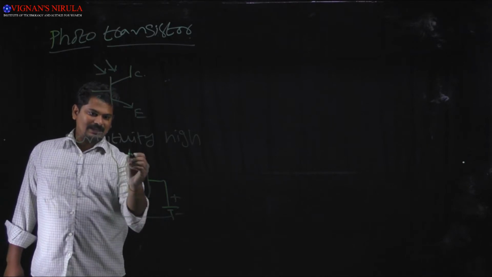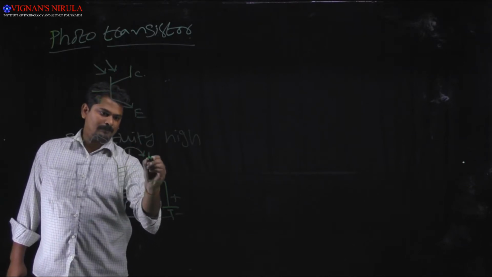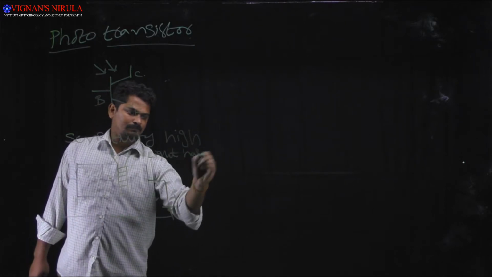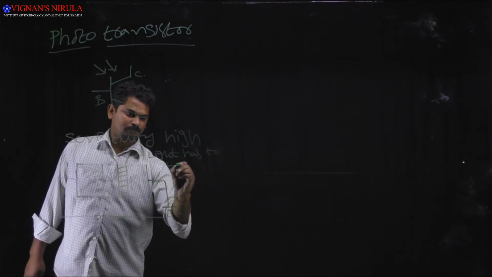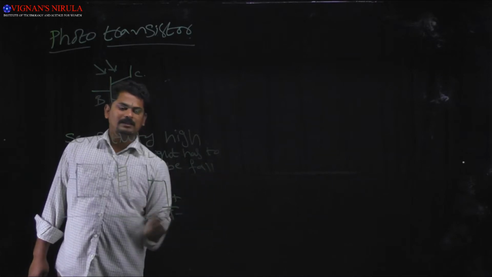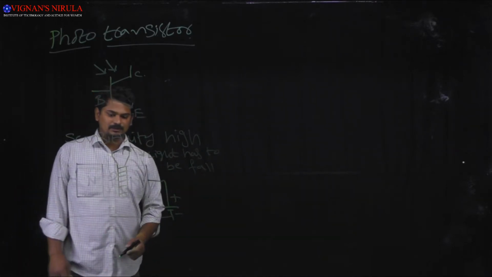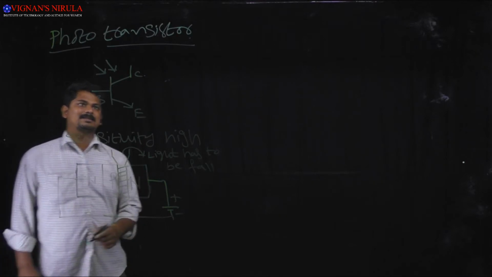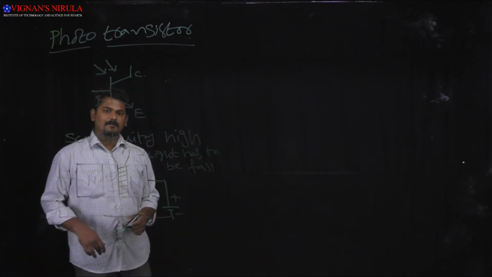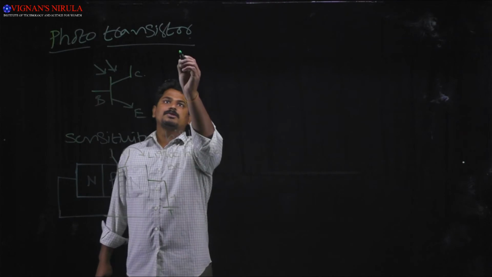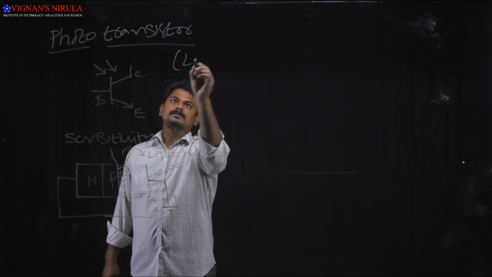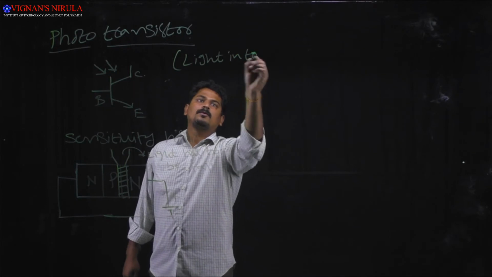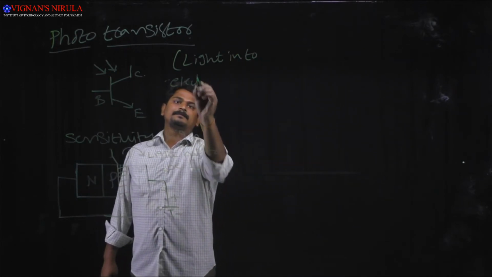Within this lens the light has to fall, and the amount of that light is converted into an electrical signal. So basically the working of your phototransistor is to convert the light into an electrical signal.